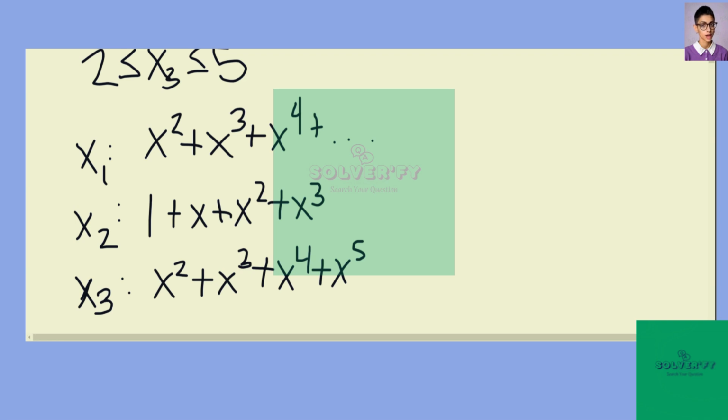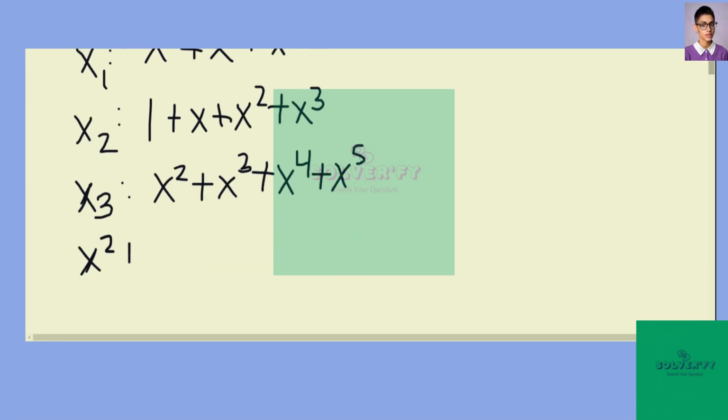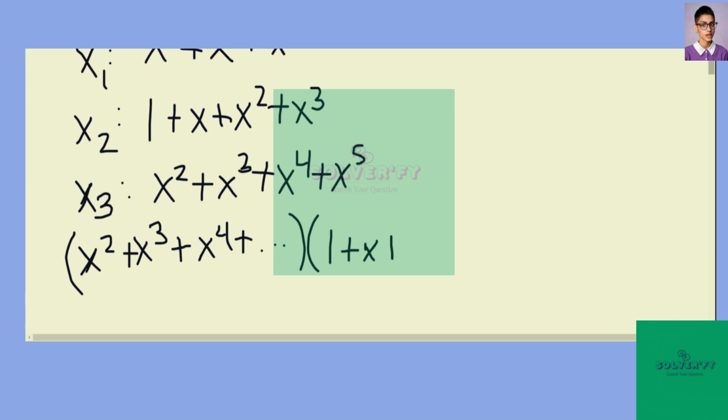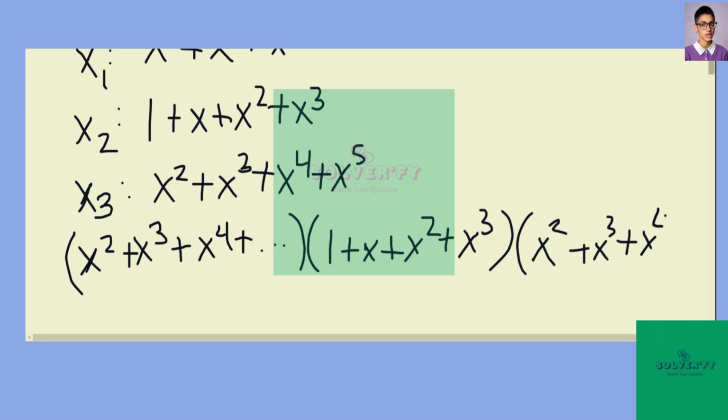And then the generating function is going to be the product of each series together. So this is going to be x squared plus x cubed plus x to the fourth plus and so on, times 1 plus x plus x squared plus x cubed, times x squared plus x cubed plus x to the fourth plus x to the fifth.